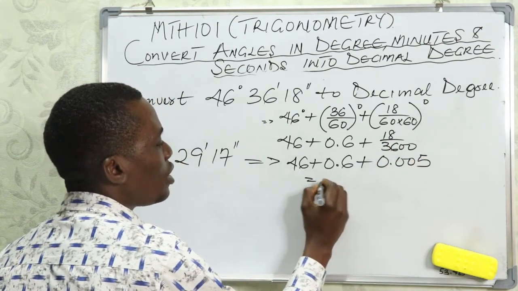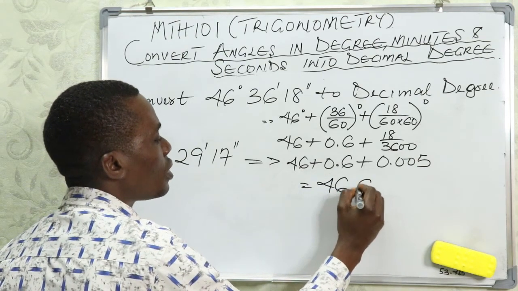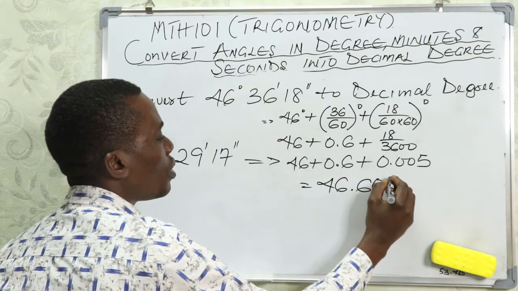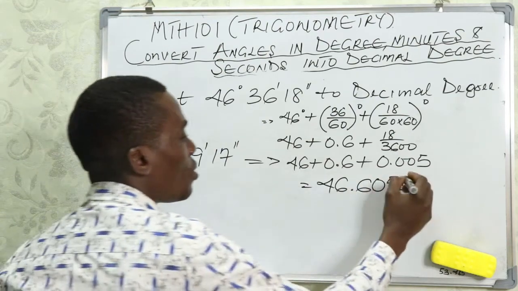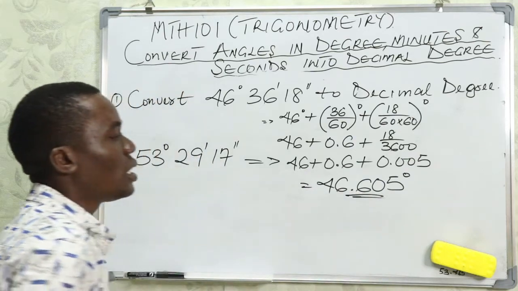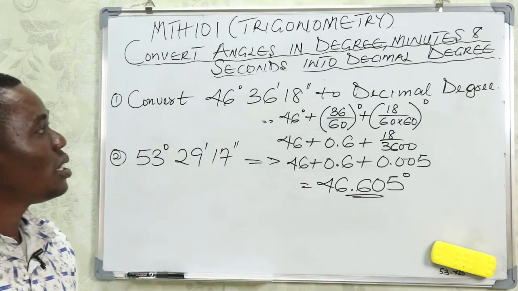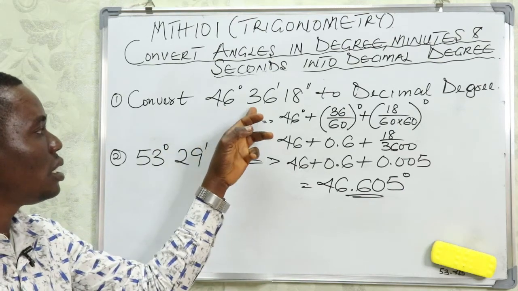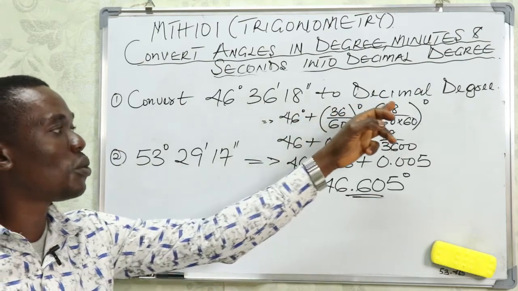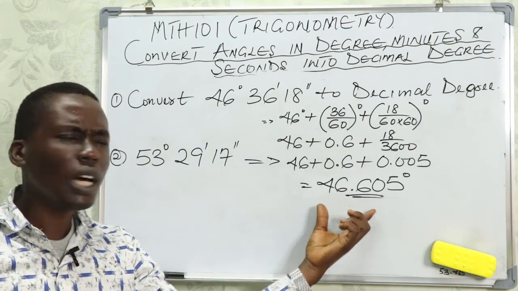So we have 46 plus 0.6 plus 0.005, and if we add these we are going to have 46.605 degrees. So you see, it's easy converting angles measured in degrees, minutes and seconds to decimal degrees. Now do you get that?